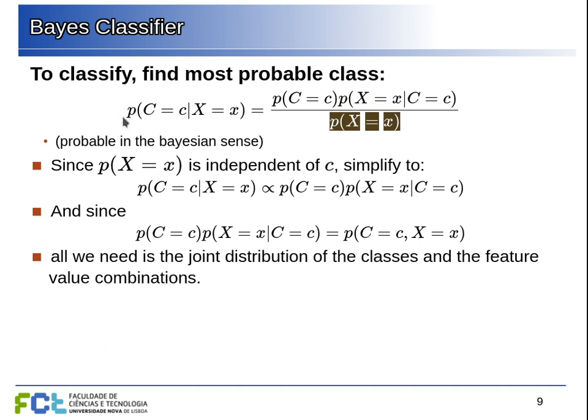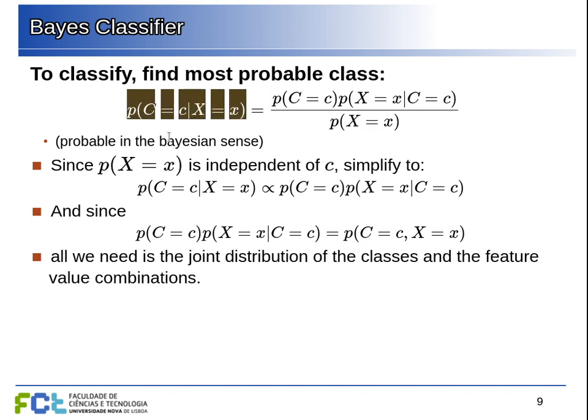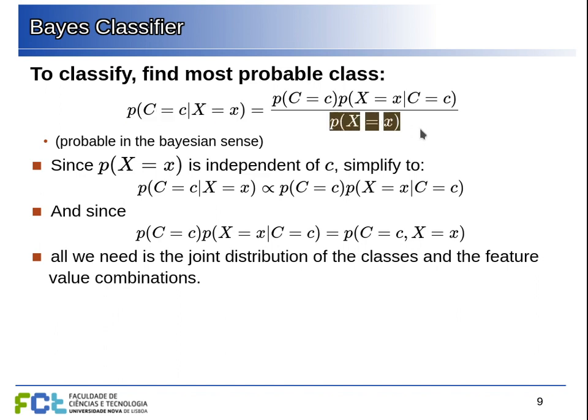And since we want to find not the exact value of this conditional probability, but we want to choose the class for which this conditional probability is highest, we can ignore this part here, the marginal probability of X, and just consider that the conditional probability of belonging to this class, given the features of the example, is proportional to some prior probability of belonging to that class multiplied by the conditional probability of having those features if it belongs to the class.